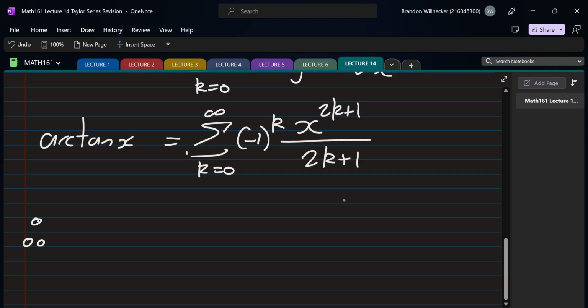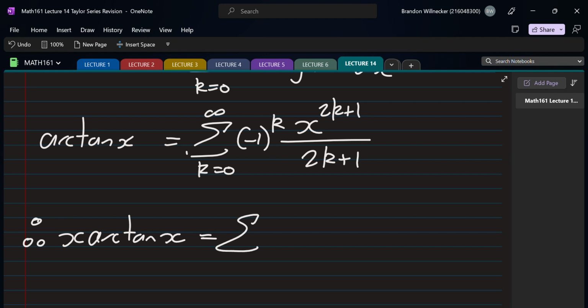So therefore x arctan x. Okay, we just multiply by x, but then the x can go into the sum, which means we just add 1 to the exponent. So whatever it was, we just plus 1.